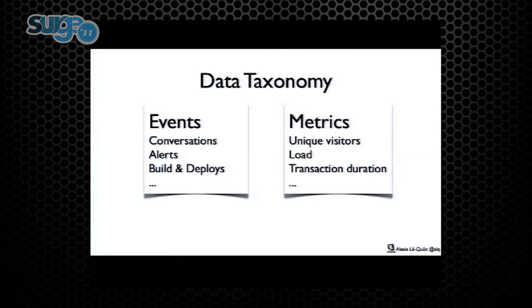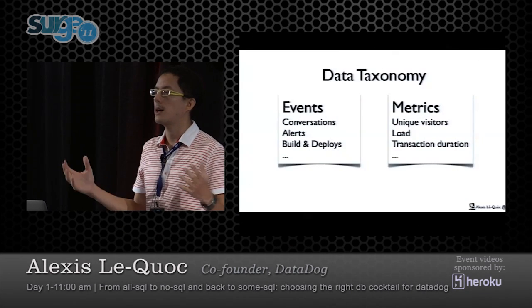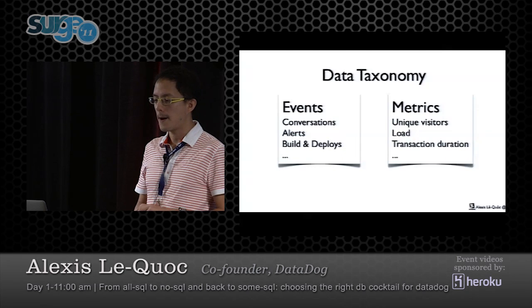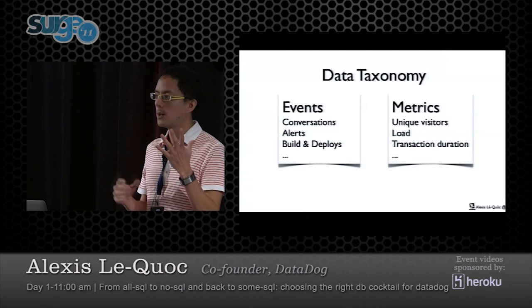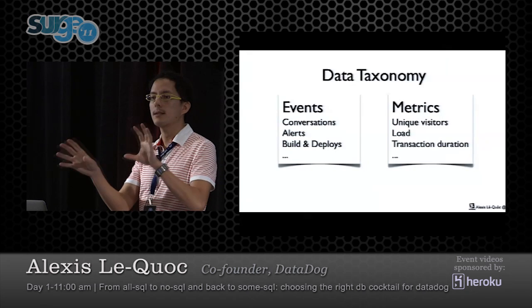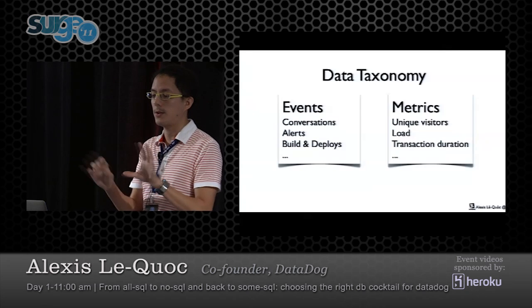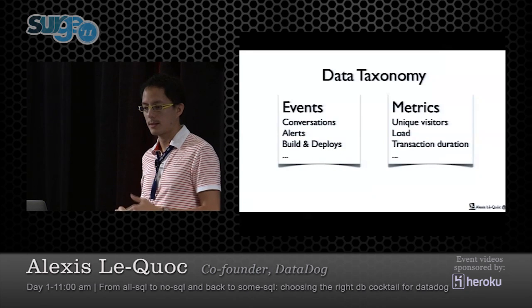So what that led us to do is to have as simple a data taxonomy as we could. When you think about all these signals surrounding us, we decided to categorize anything that comes to Datadog as one of two things, either events or metrics.